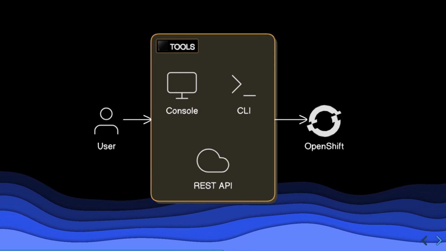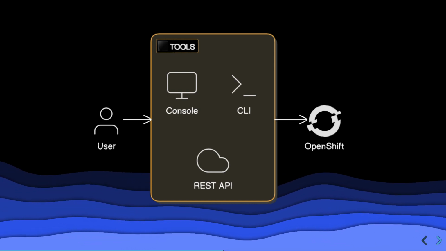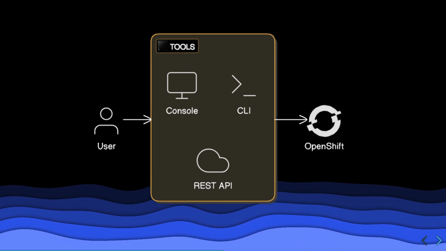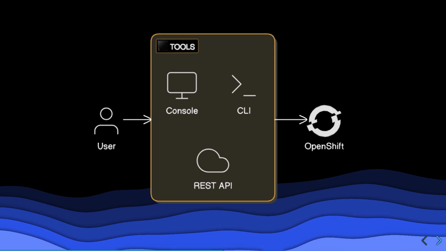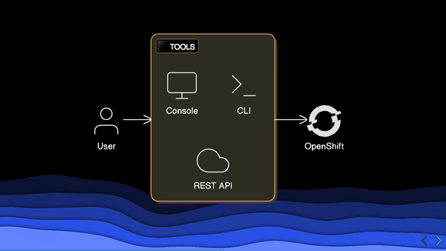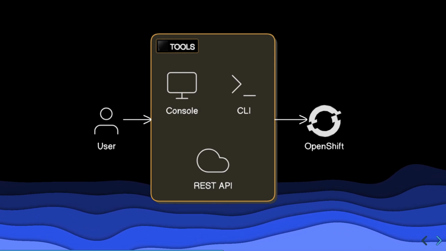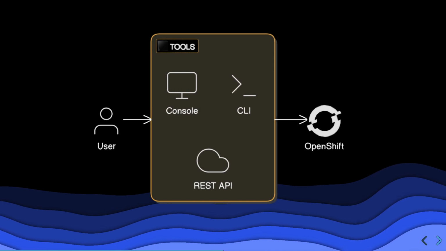Wow. So there's a way to interact with OpenShift no matter what your comfort level is with tech. Exactly. And I think this is kind of an important point, right? It's a fully featured platform, and you can interact with it however it makes sense for you. That's something OpenShift does really well. It gives you a lot of different ways to interact with the platform. It doesn't force you to do things a certain way. So if you're comfortable with the CLI, you can use the CLI.